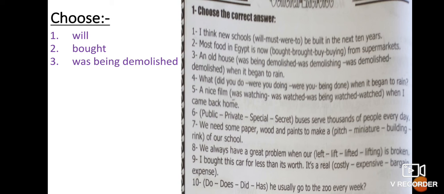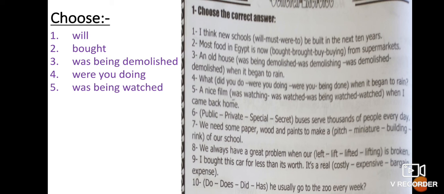It's a passive. Number 4: what were you doing? Past continuous. Number 5: a nice film was being watched when I came back home. Here, passive in the past continuous.